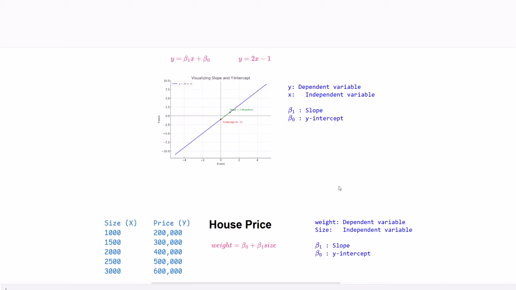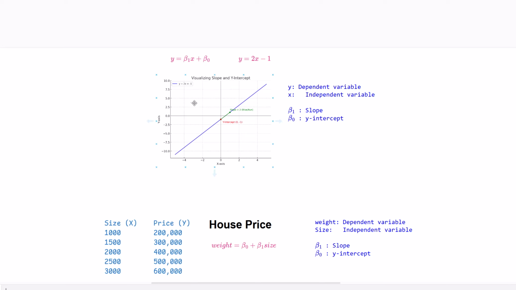Now, what is the slope and y-intercept? The slope is, if you move in the x direction, how much the y-axis will jump or move. It might be negative or positive. As you can see here, if you have 4, the value of y is 8. If you have 2, the value of y is 4.